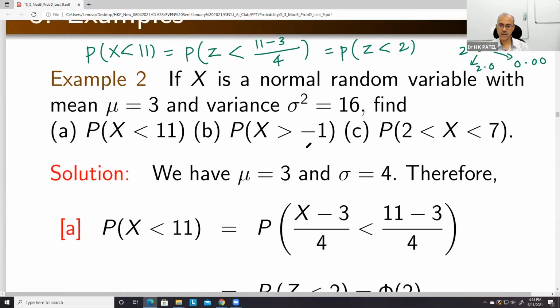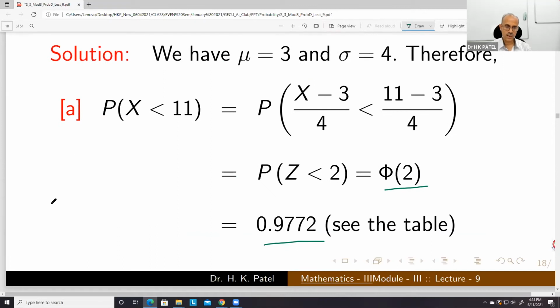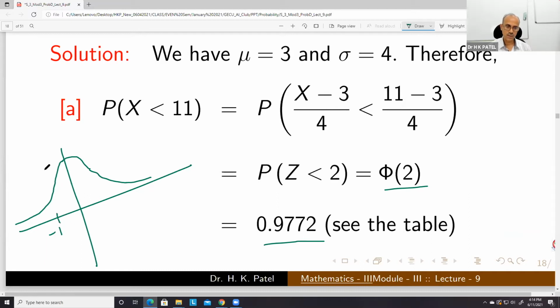X greater than minus 1. Now x greater than minus 1. So geometrically you can see this. So suppose this is minus 1. This is x actually. So x greater than minus 1 means we want this area.